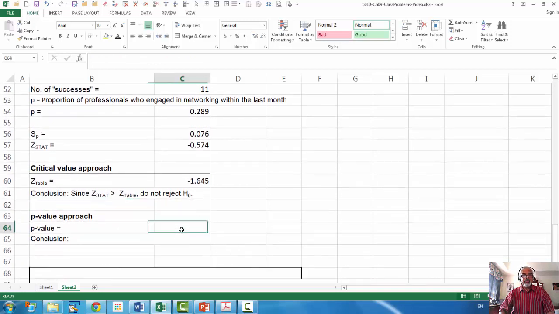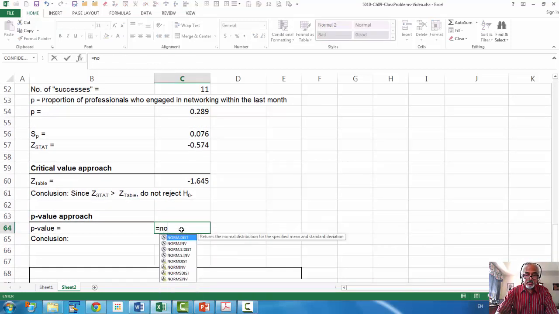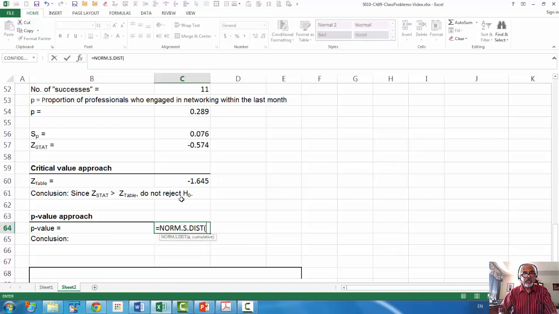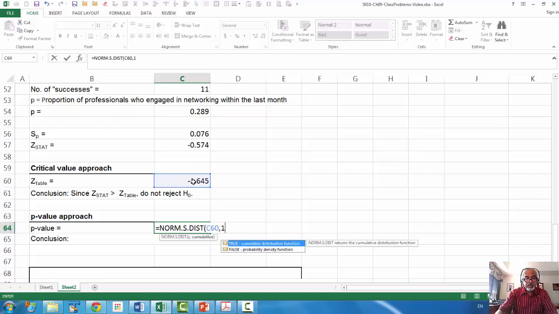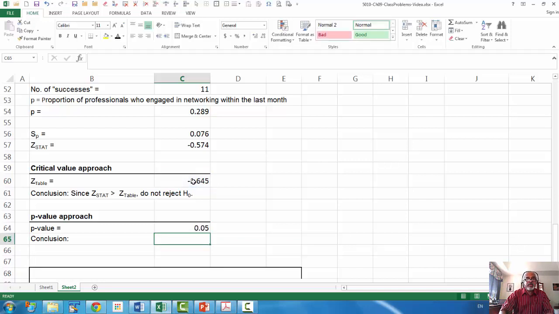Now p value is, you do NORM.S.DIST. The negative value will give us the cumulative area, that's the tail area then. It's a one tail test, so this is our p value.